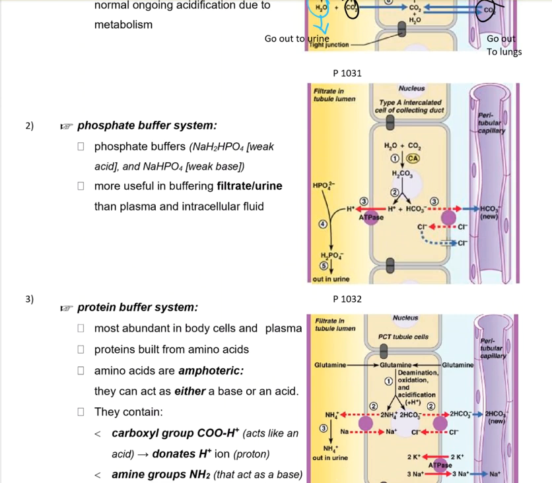Now, the phosphate buffer system is a little bit different. The phosphate buffer system uses phosphate buffers. These are buffers that have phosphate groups in them, and they're very useful for buffering filtrate and urine as opposed to plasma and intracellular fluid. And so in this case, because we use a different buffer and we get at hydrogen and have it go out in our urine, we capture that hydrogen and remove it, and what we do is we're making a new bicarbonate, okay?